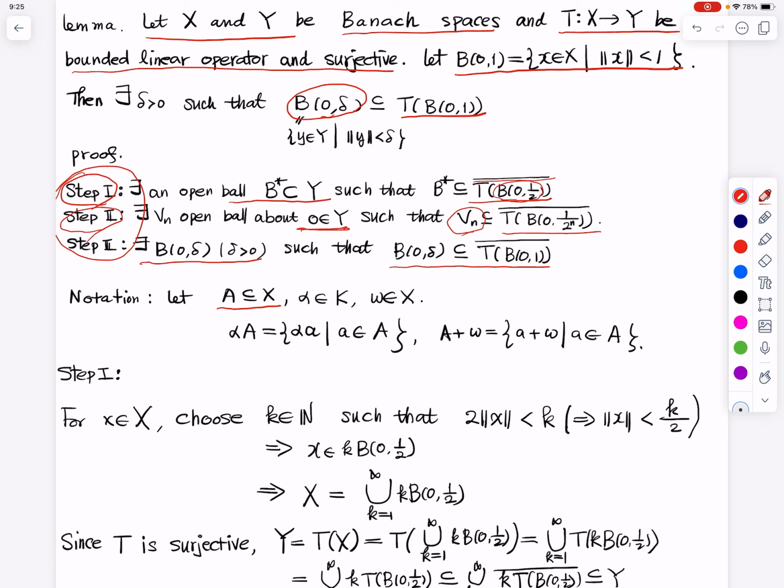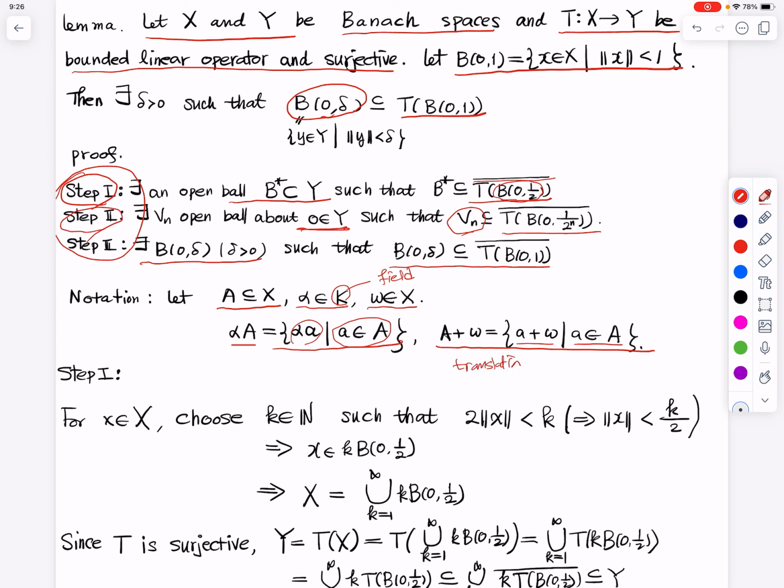Suppose A is a subset of X, alpha is a scalar in the field K, and omega is in X. Then you multiply the set A by the scalar: alpha A is just alpha times a for all a in A. And A plus omega is the set of all a plus omega where a belongs to A. This is just the translation.